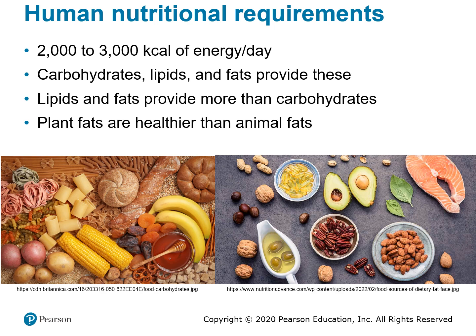Plant fats are healthier than animal fats. Plant fats have polyunsaturated fatty acids. Animal fatty acids are saturated, creating cholesterol problems. Linoleic acid is an unsaturated fatty acid that is required to make some hormones in humans.